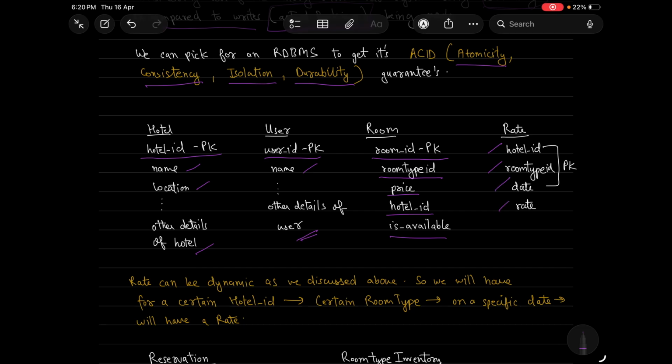This is, as we discussed in the requirements, based on the availability, we will have a different rate for each type of room in different hotels for different dates. That is why we have kept each hotel ID having different room types. At a specific date, they will have different rates.